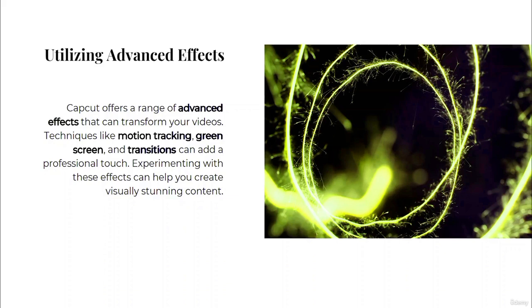Once you add a professional touch to your video, it will give you self-satisfaction, and the one you're doing that work for will also be satisfied at the same time. So experimenting with these effects can help you create some visually stunning content.